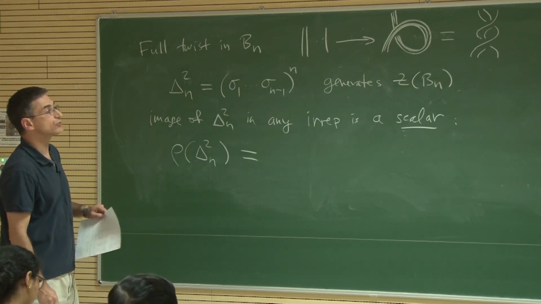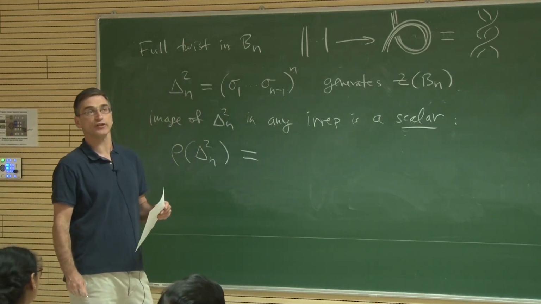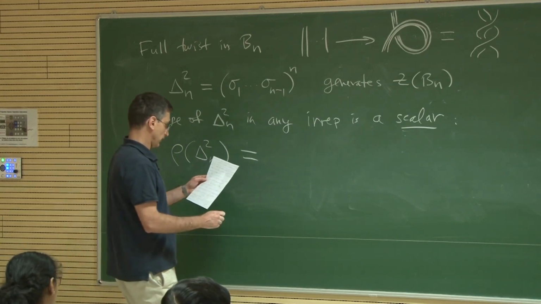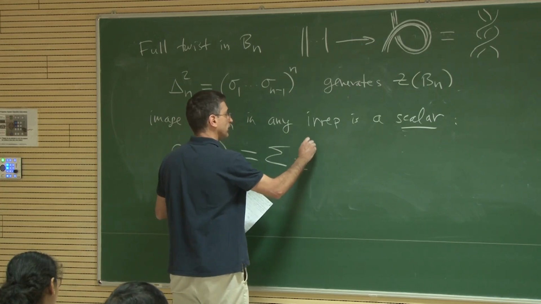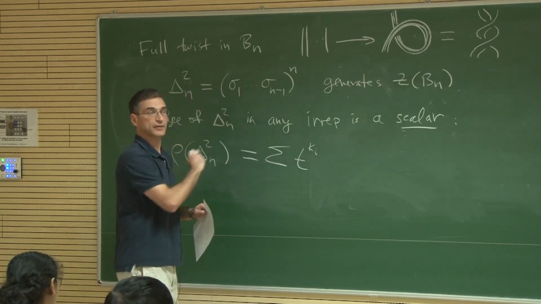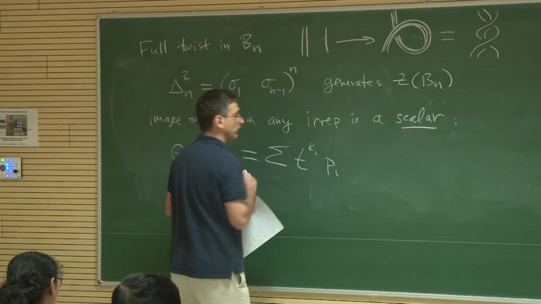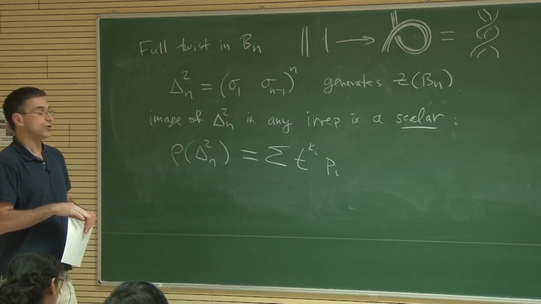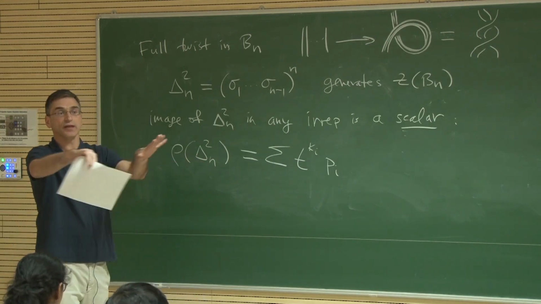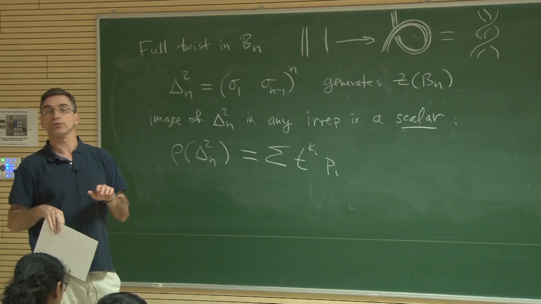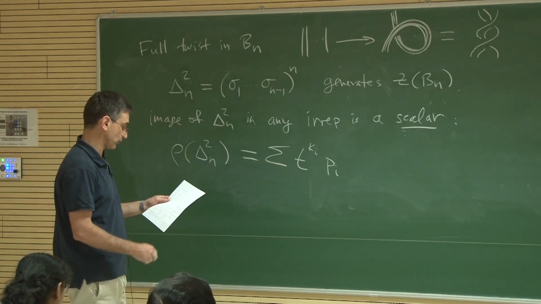then it follows. This is a generalization, I think, of Schur's lemma. What happens is that this becomes t to the ki for some coefficients ki times these minimal central idempotents pi. So in any irreducible representation, you can decompose this into the minimal central idempotents with some scalar coefficient.